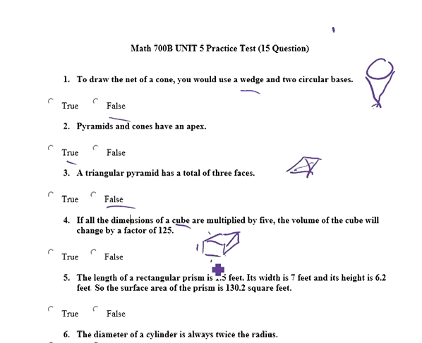So the height is 1, the width is 1, and the depth is 1. And so the volume would be 1 cubed. And now let's multiply those by 5, so now it's 5 by 5 by 5. And now it would be 125.